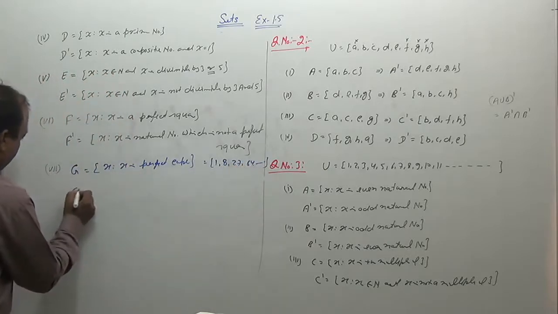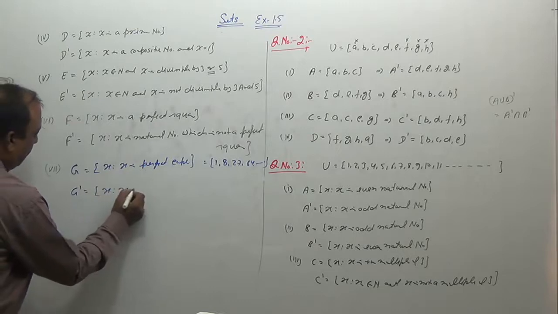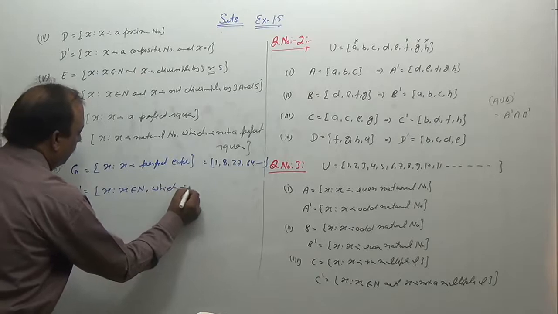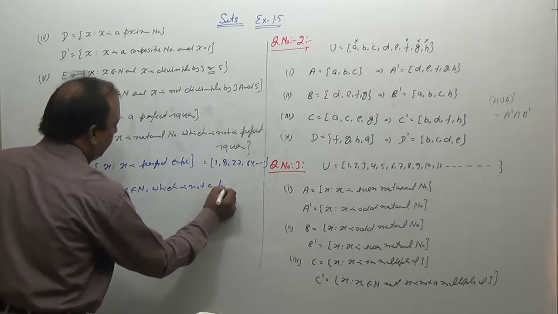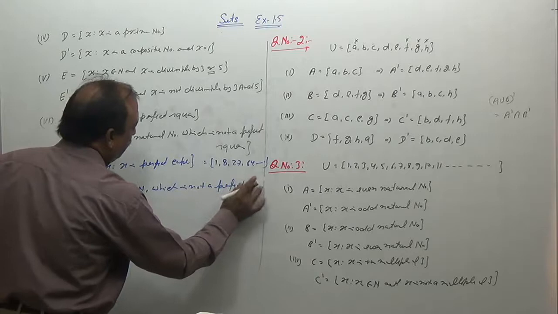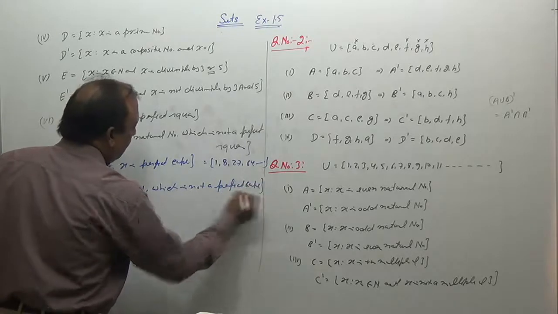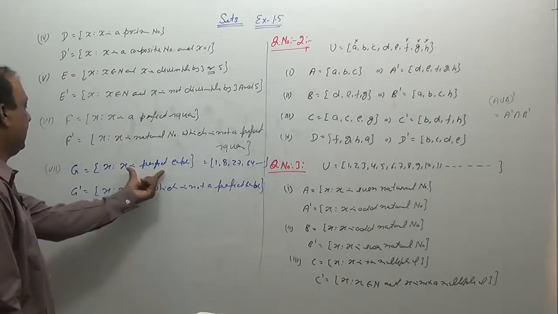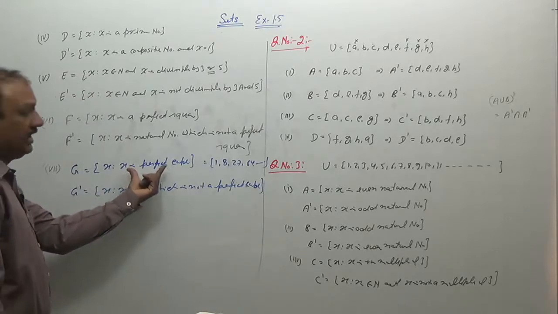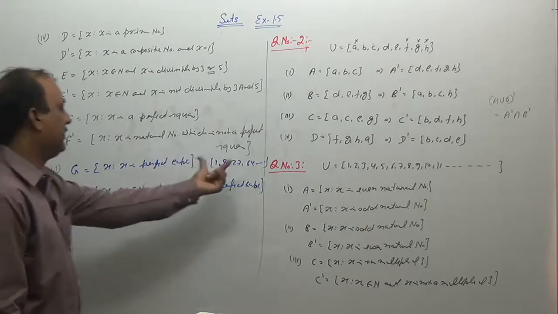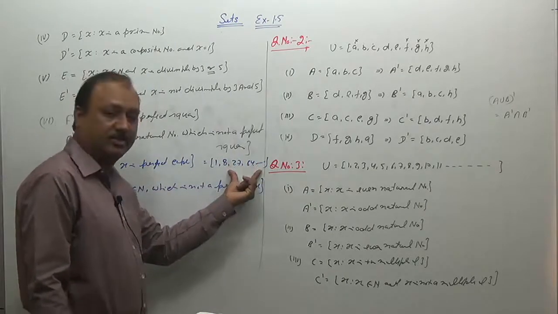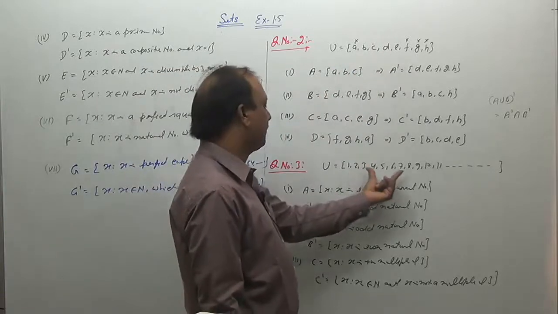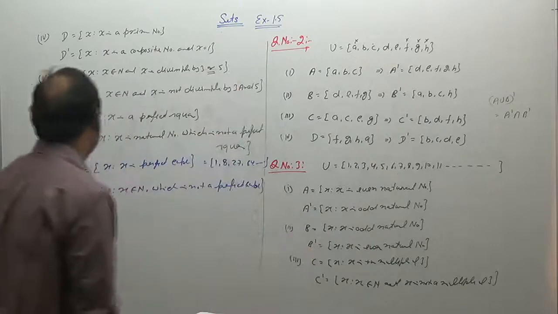So its conjugate is X such that X is a natural number which is not a perfect cube. तो हम वो सारे एलिमेंट नेचुरल नंबर के जो इसमें नहीं है, इनके एलिमेंट को छोड़कर, इसमें एलिमेंट है 1, 8, 27, these are the perfect cubes. So the set of natural numbers except the perfect cubes is contained in the G complement.